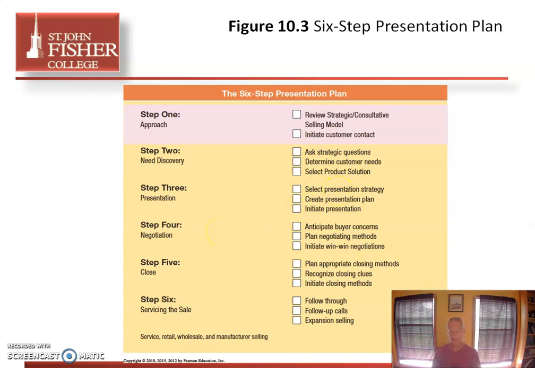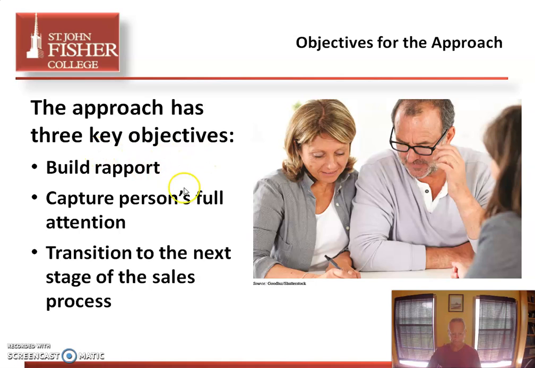So again, here's a 6-step process, the approach, which is what this chapter is all about. And then we're going to get into needs discovery, presentation, negotiation, close, and servicing the sale. As you can see, all of those boxes on the right are things that you should review during each of these particular 6-step presentation modules.